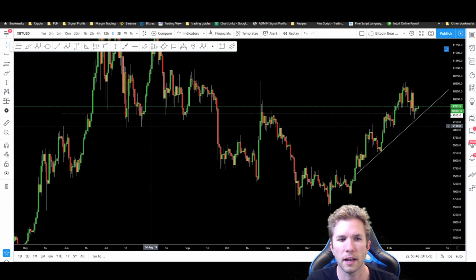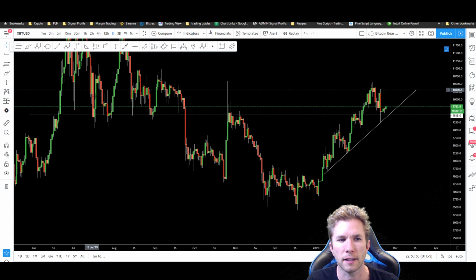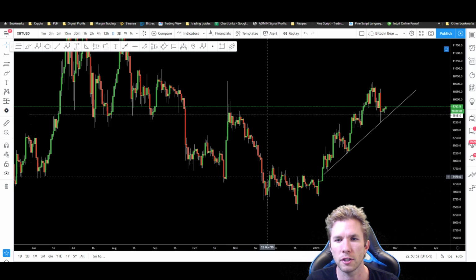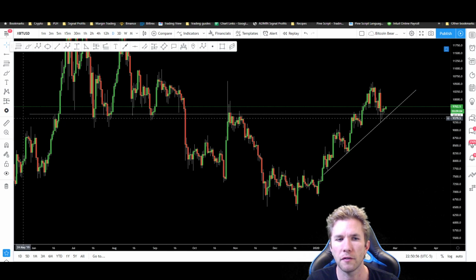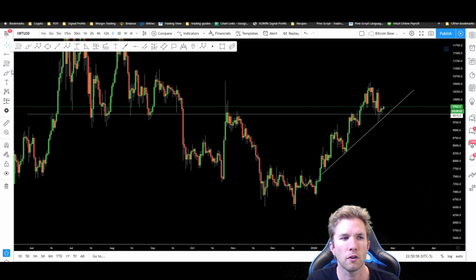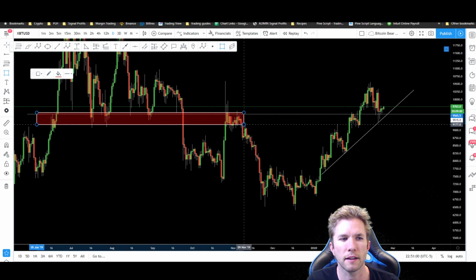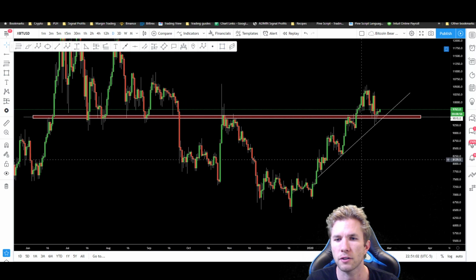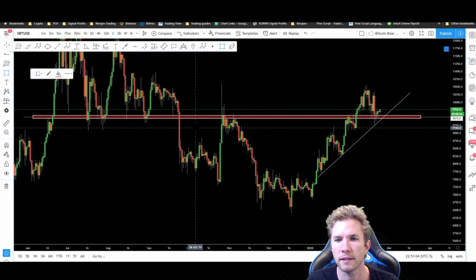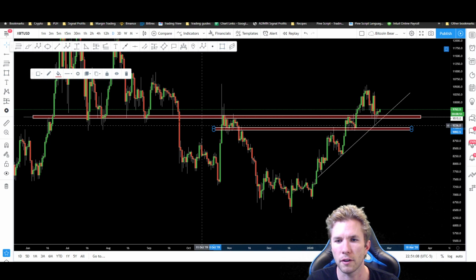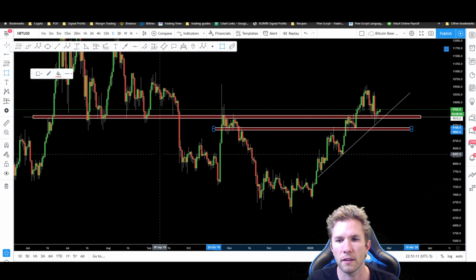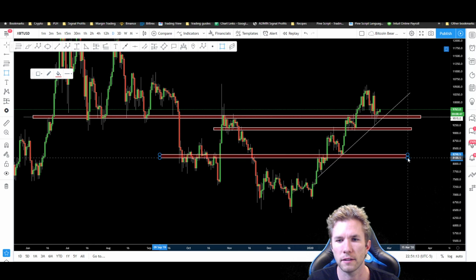This 9,500 level is about as key as it gets. Bam, bam, bam, rejection, rejection, okay? Rejection, support. So that's a pretty fucking key level. So it makes sense that this will act as an SR flip.